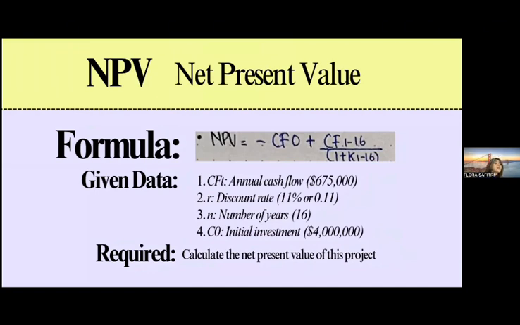The given data: annual cash flow is $675,000; discount rate is 11%, which in decimal is 0.11; number of years is 16 years; and the initial investment is $4 million. The requirement is to calculate the net present value of this project.